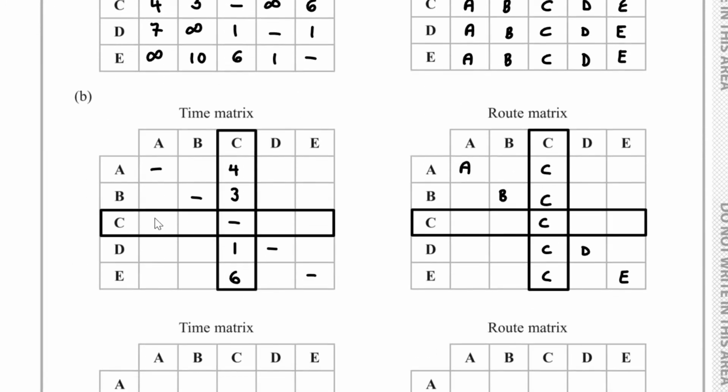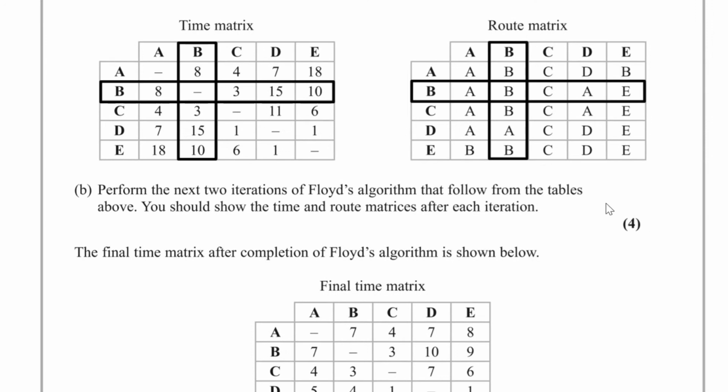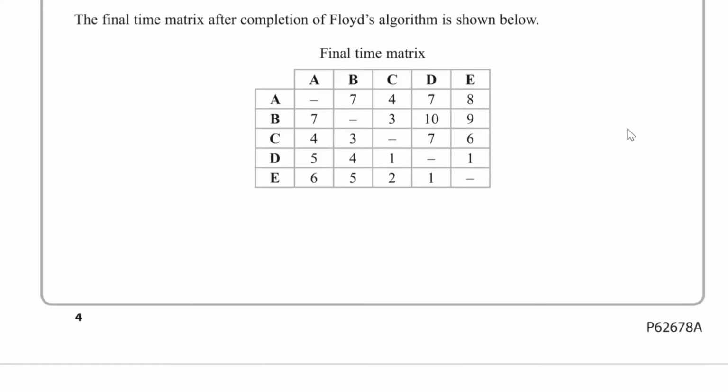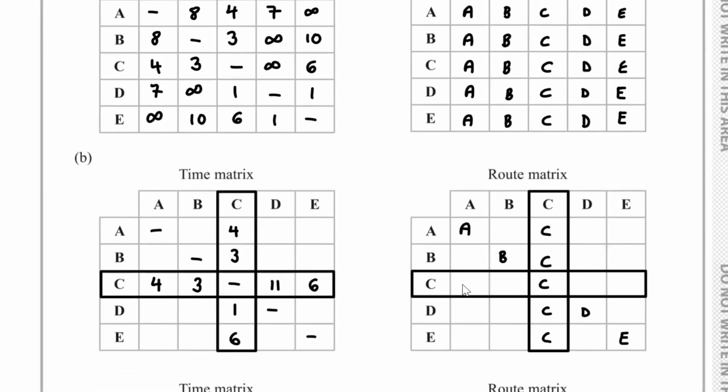So here we've got 4, 3, 11, 6. And along here, we've got A, B, C, A, E.